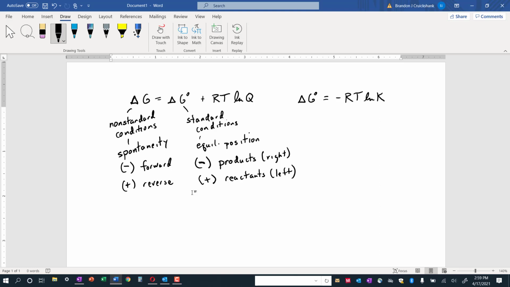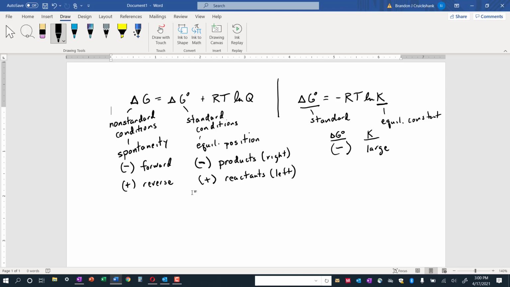Now looking at the second equation, note again that it is the standard conditions delta G that is related to the equilibrium position, that is, the equilibrium constant K. So if we have a large K, well, let's do our sign convention. If we have a negative delta G standard, that's a G, I apologize, it kind of looks like a 6, then our K should be large in magnitude.